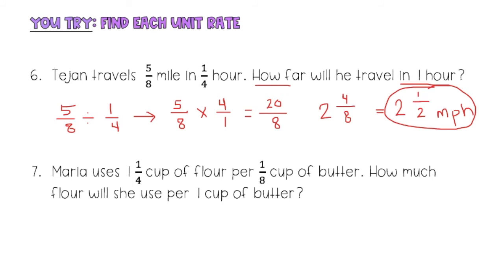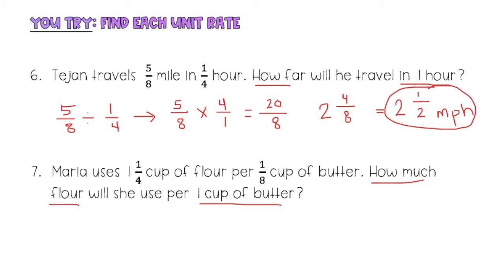Number 7. Maria uses 1 1/4 cup of flour per 1/8 cup of butter. How much flour will she use per 1 cup of butter? So to underline what we're solving for, I want to know how much flour for 1 cup of butter.